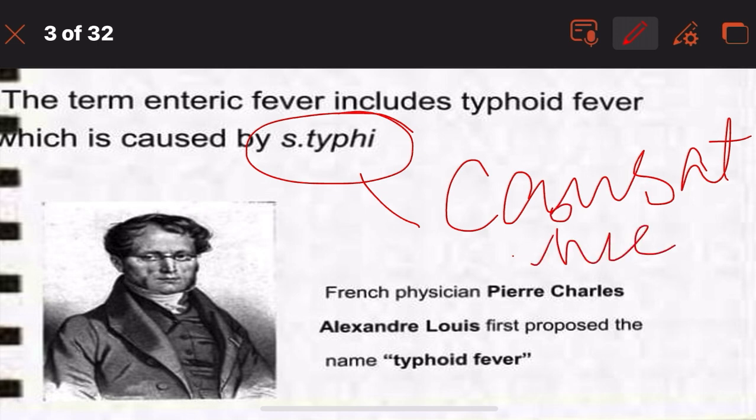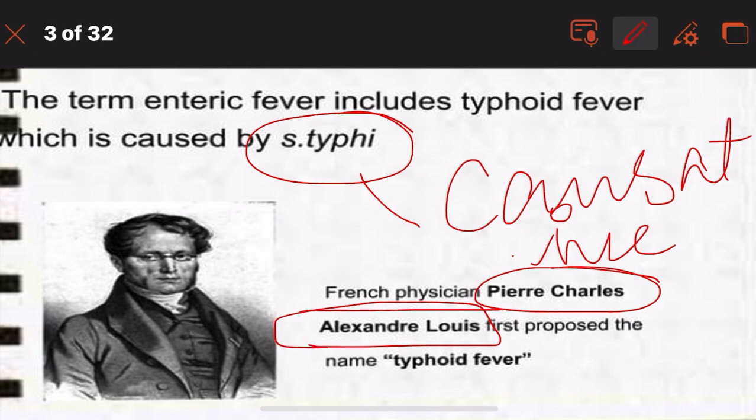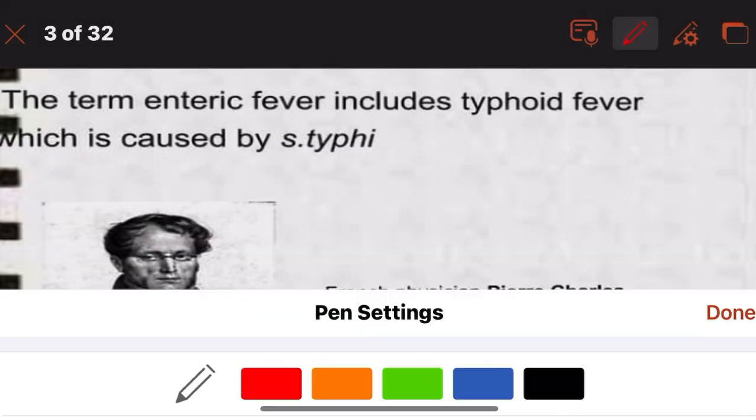Salmonella typhi. The French physician Pierre Charles Alexandre Louis was the one who first proposed the name typhoid fever. You can see the picture of Pierre Charles Alexandre Louis.